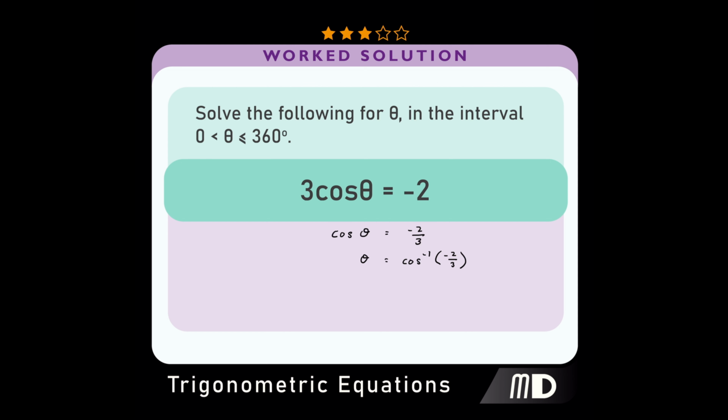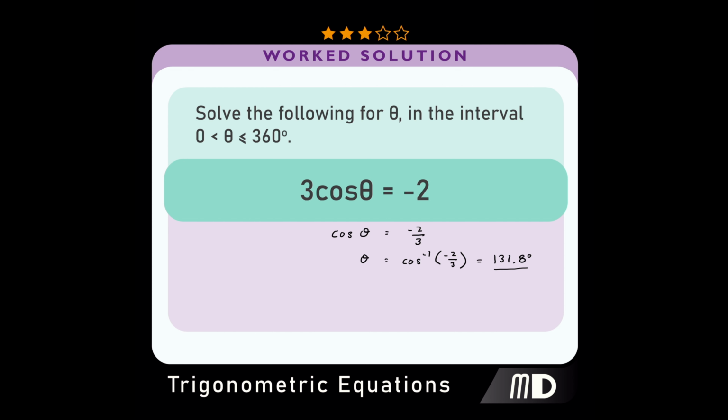And the angle whose cosine is equal to -2/3 is 131.8 degrees. This value of theta is the principal angle, but this is not necessarily the only solution to the equation.